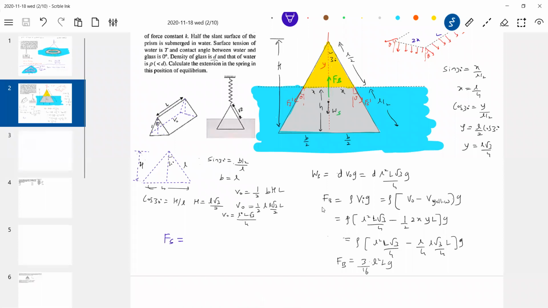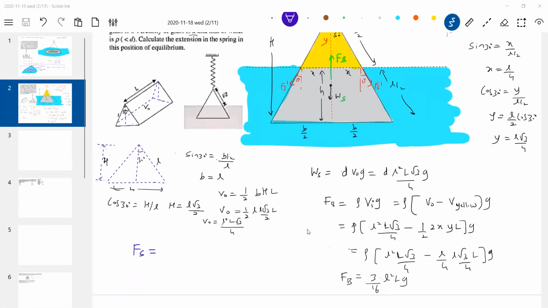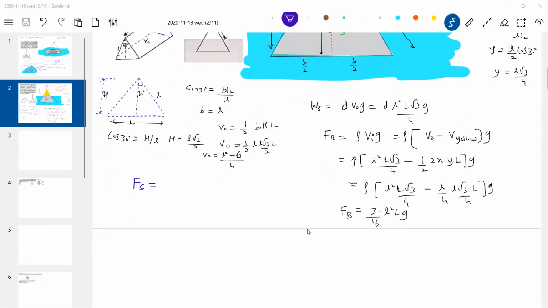Three? Yes, sir. Okay, I'll adjust it. Thank you. I'll write it here, 3 root 3 by 16.